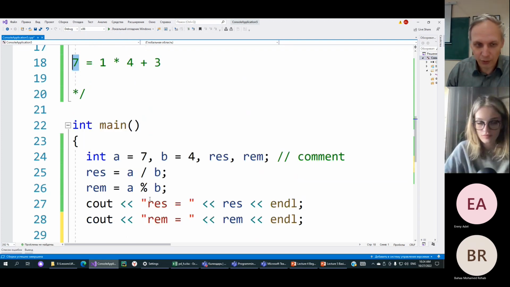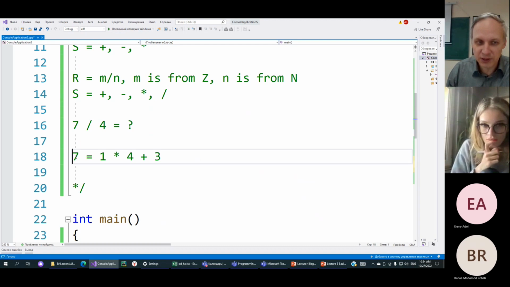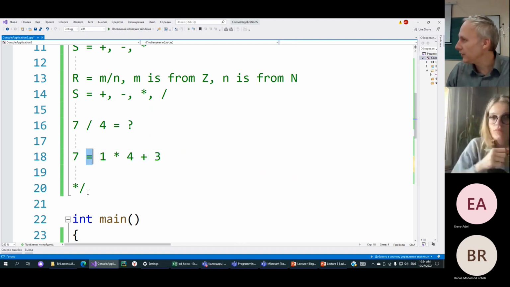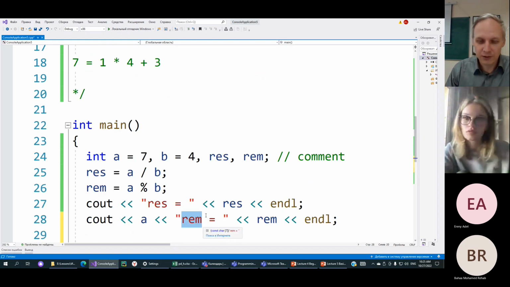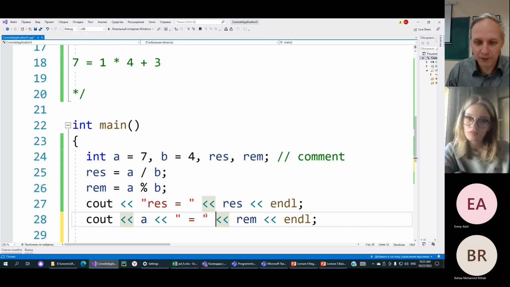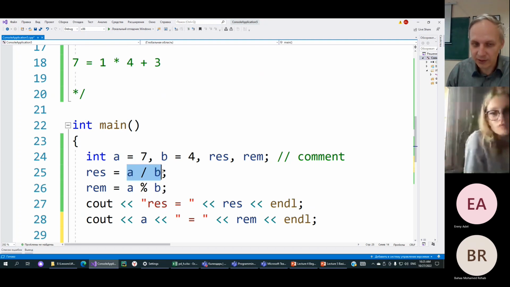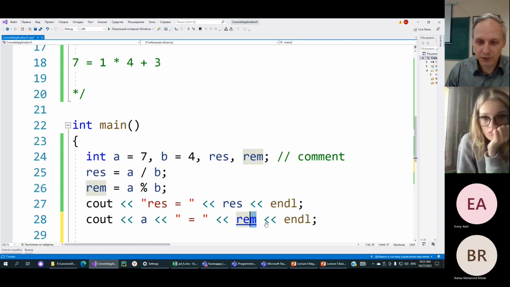A. Okay, let's output A. After that, I want to see on the screen this message. What should I output? The equal sign. A equals, then what is 1? 1 is the result, A over B, equals result.